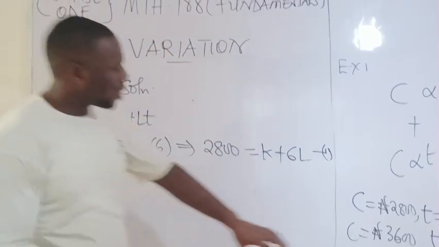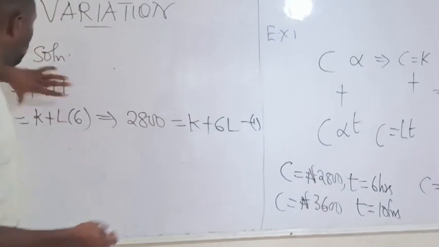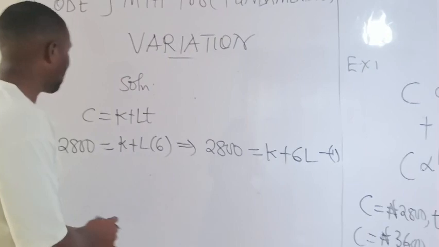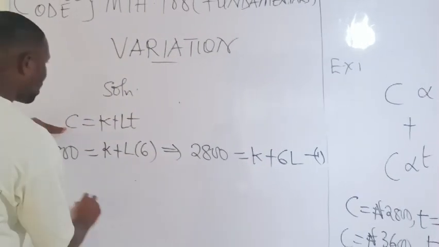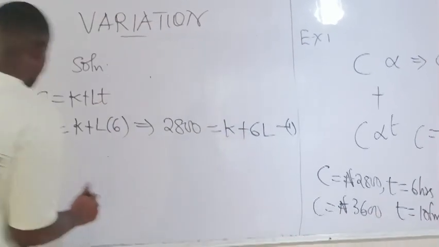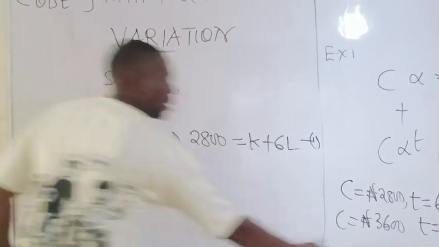And I could stick in the second pair of values of C and T in this mathematical relation and get the second equation. So C would be 3,600, the second pair of values, is equal to the constant K plus L, and the time is 10.